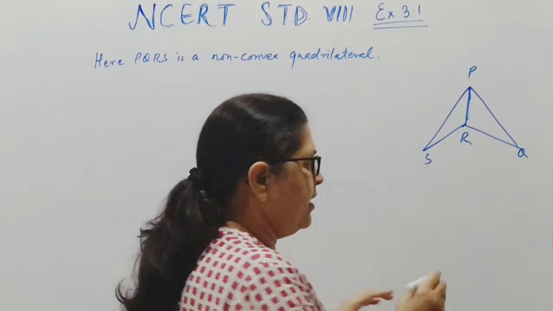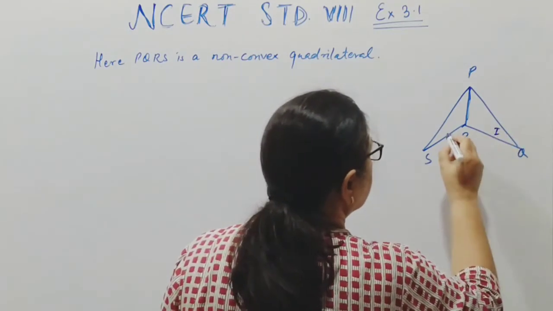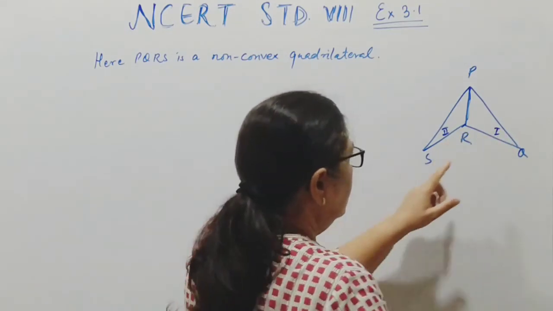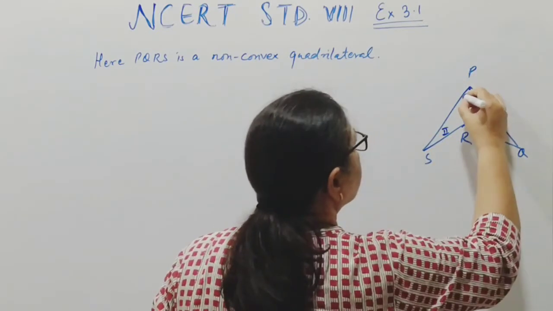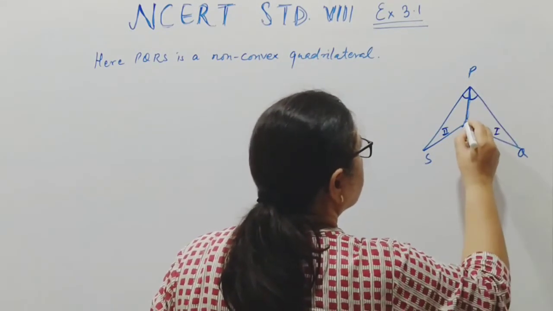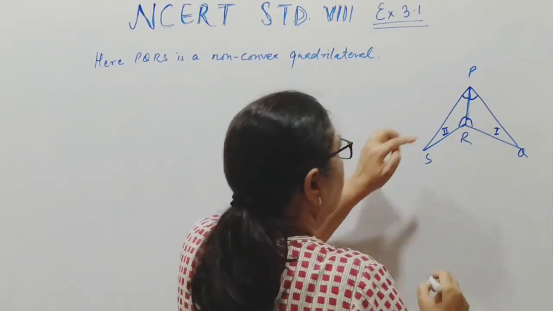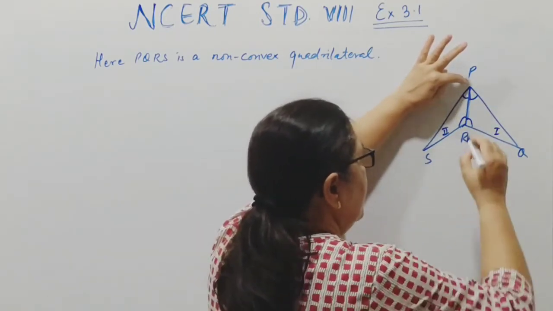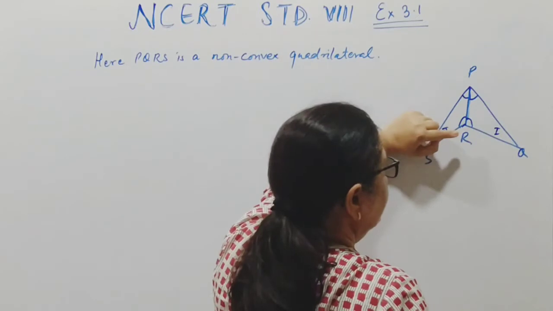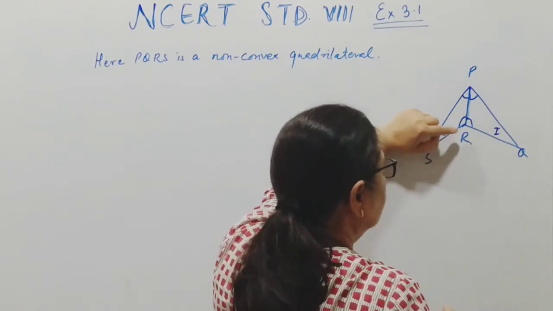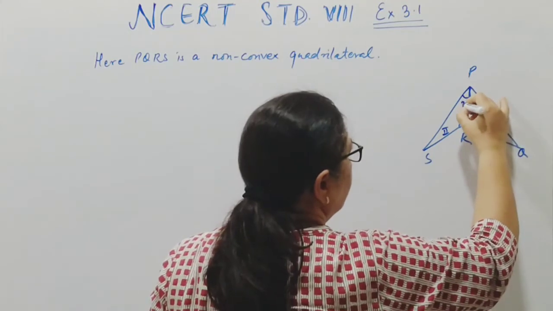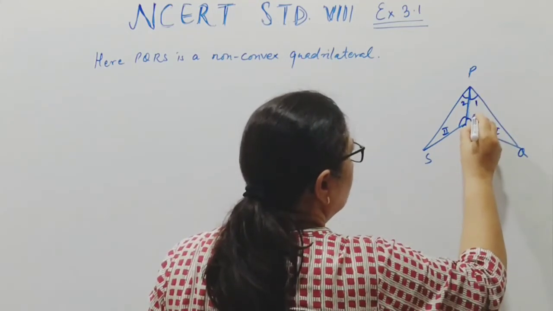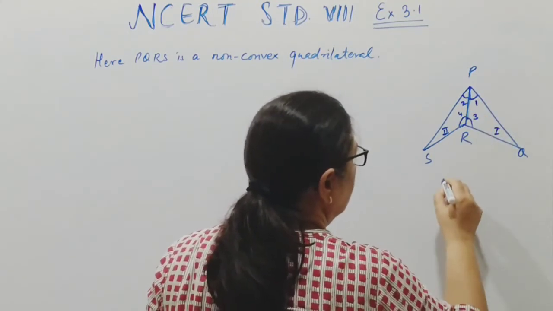We get two triangles, triangle PQR and triangle PRS. Here angle P has been divided into two parts, and similarly angle R also has been divided into two parts. We'll name them as angle 1, angle 2, angle 3, angle 4.